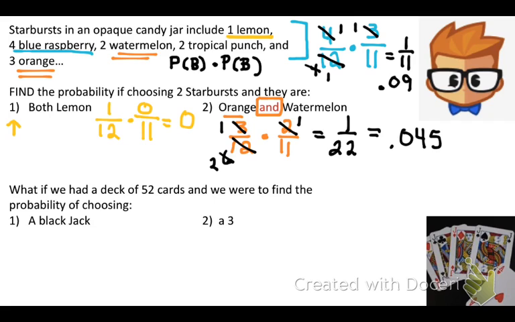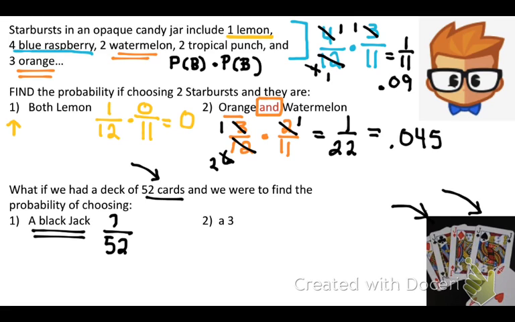All right, let's look at something that's not a Starburst. So we have a deck of cards. There's 52 cards in a deck, and we want to know the probability of choosing a black jack. We know we could have a club or we could have a spade. So there's 52 total.